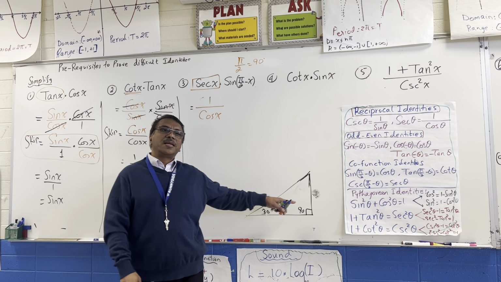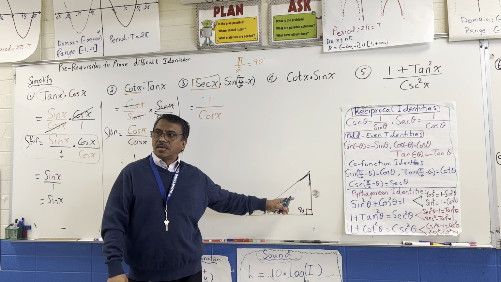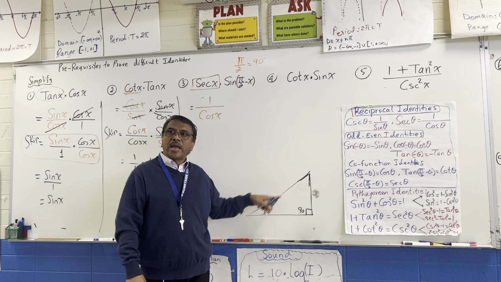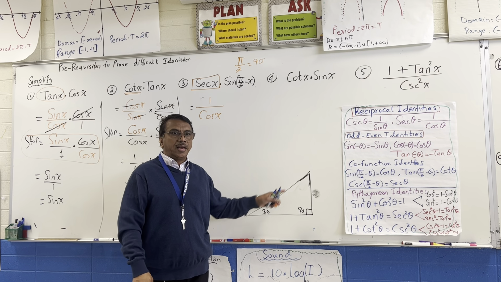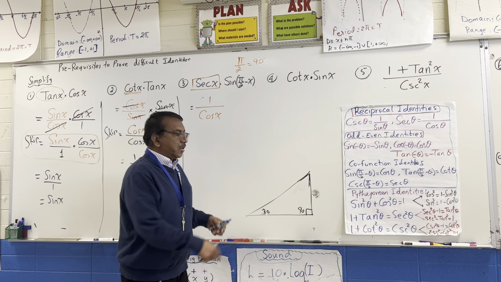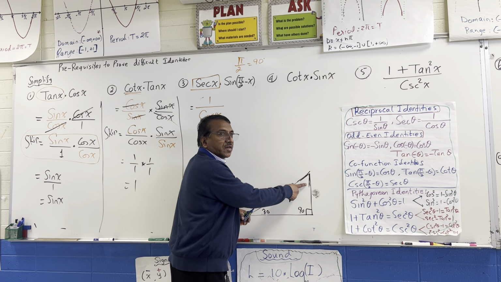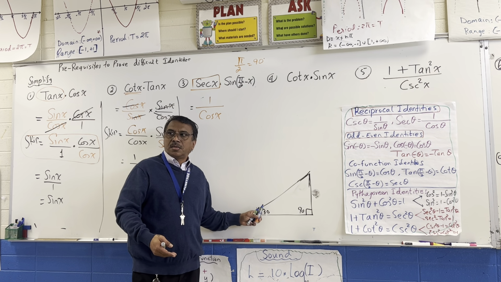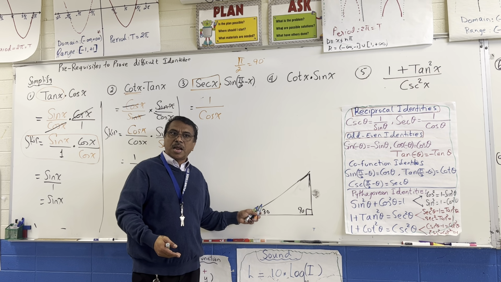Yeah, the whole triangle is 180, right? This is already 90 degrees. So these two angles have to add up to 90 also, agree? So if this is 30, that one becomes 60 because you just subtract 30 from 90, agree?